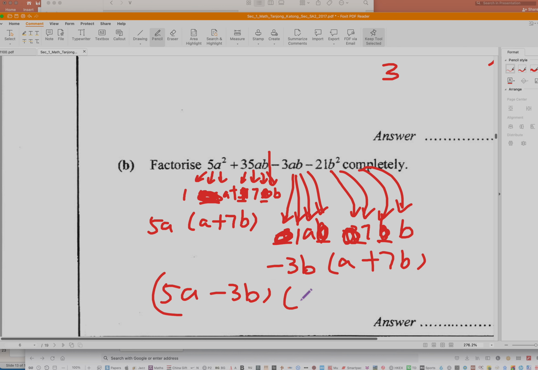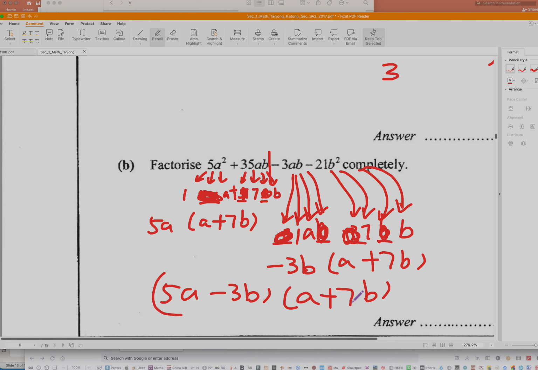Your answer is correct, but I think something is not right. Let me tell you which one. I wanted to put the minus sign to the 3. If you take out minus 3b, then over here should be plus, not minus. This one is wrong. You can use a highlighter to highlight.